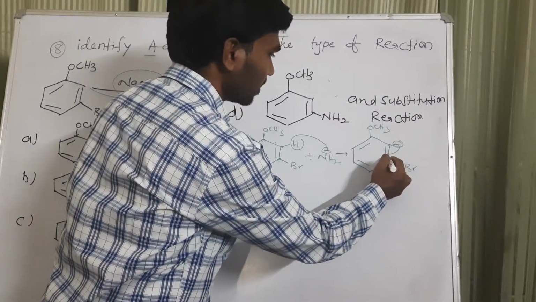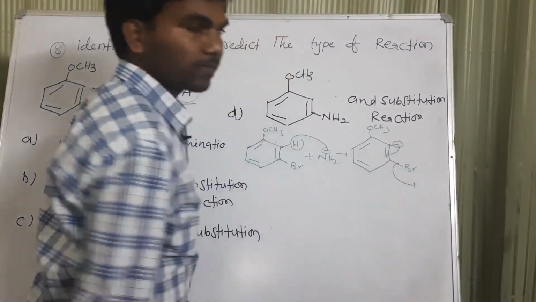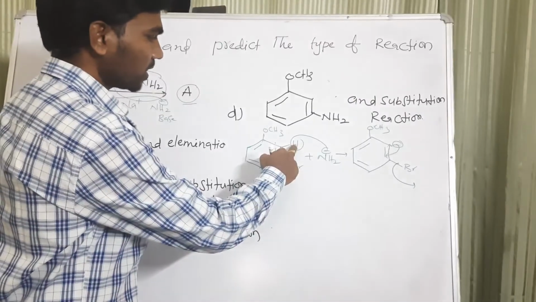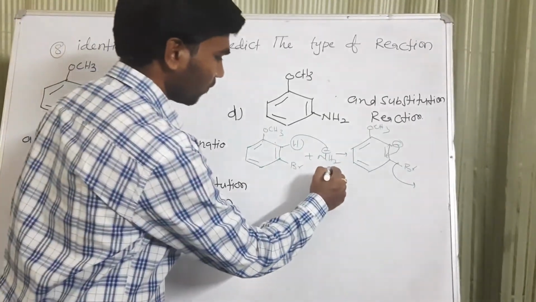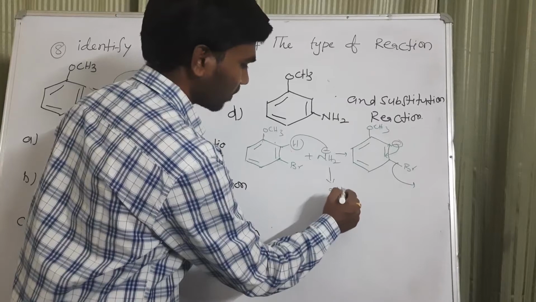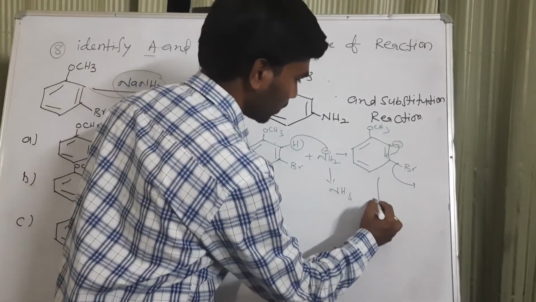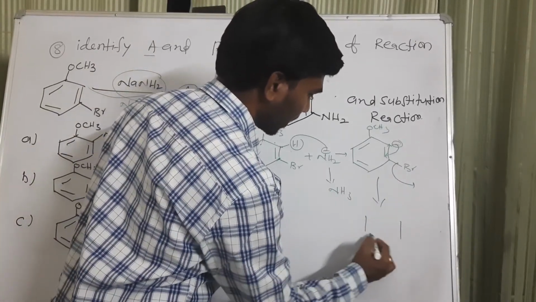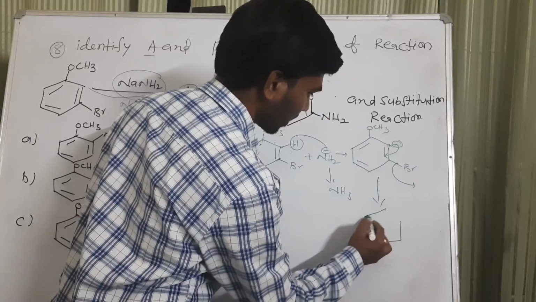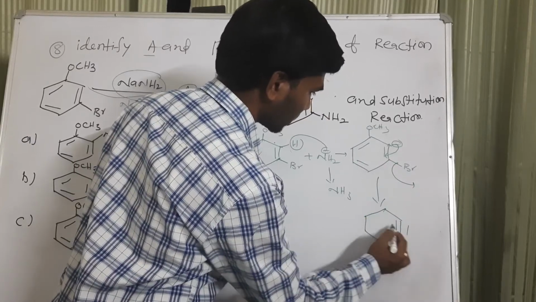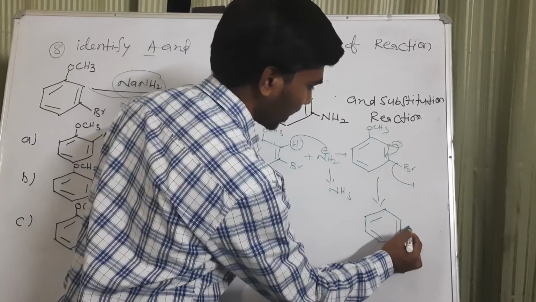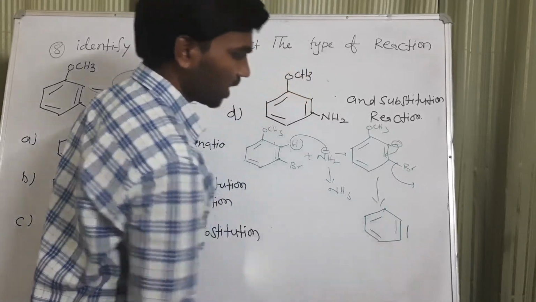When it shifts like this, it is going to remove like this, right? Here this H plus and this NH2 minus will form ammonia. After this, the reaction will be completed via the benzyne mechanism, so it will form like this. This is benzyne. This is a pi-like bond, this is not a pi bond, it is a pi-like bond.